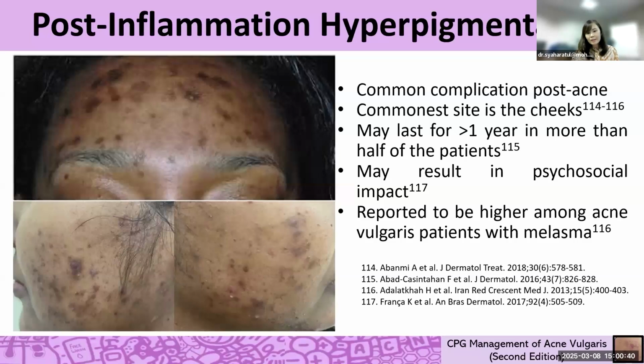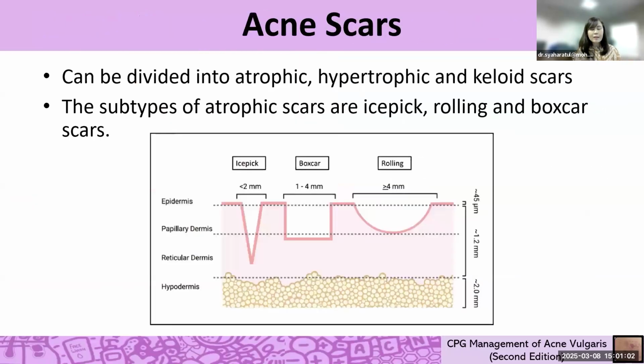Again, this lasts for a long period of time, from months to more than a year in more than half of the patients. Because of these dark marks, it also results in psychosocial impact. Post-inflammatory hyperpigmentation tends to be more frequent amongst patients who have darker skin or patients who have melasma.